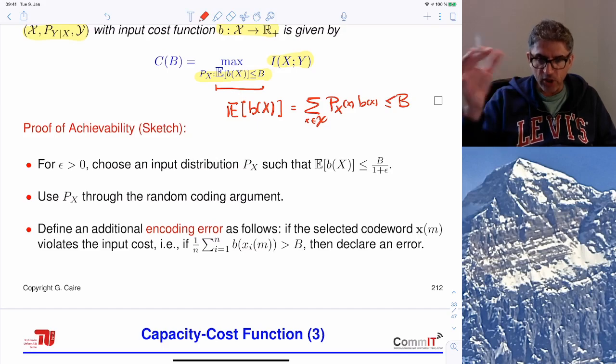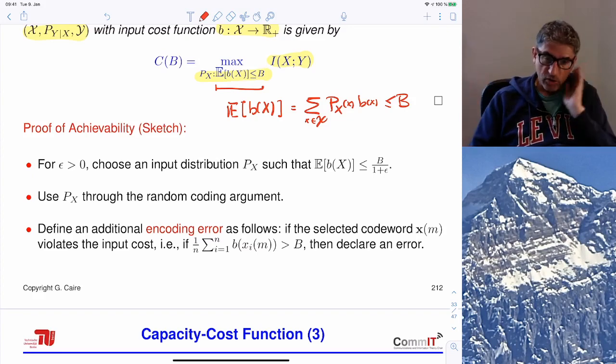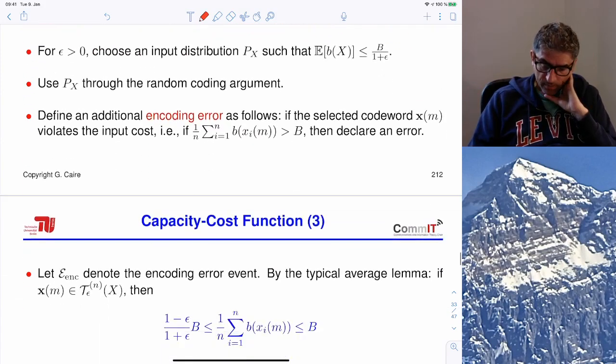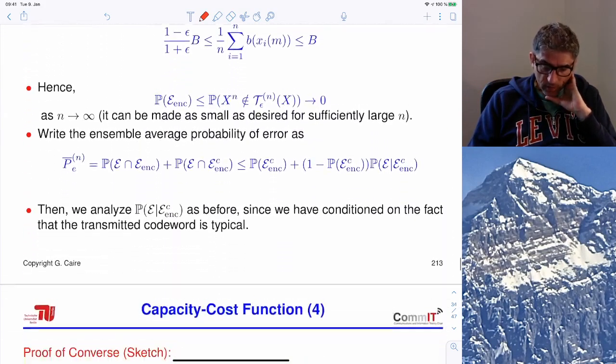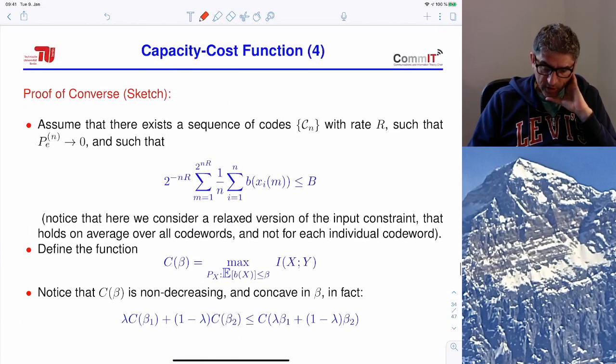So we have an additional term in the error bound that takes into account the probability that the input sequence does not satisfy the cost constraint. We will go through this in the live session.